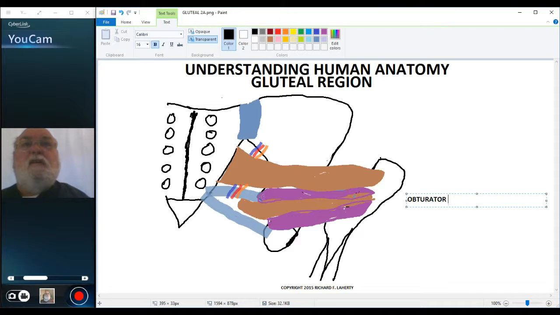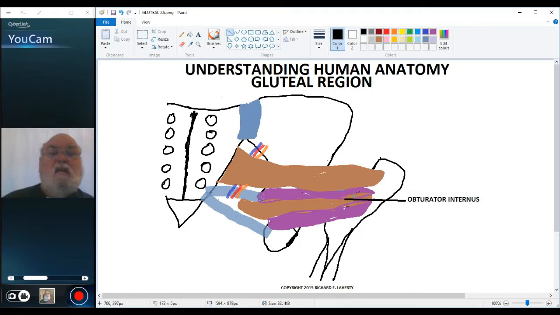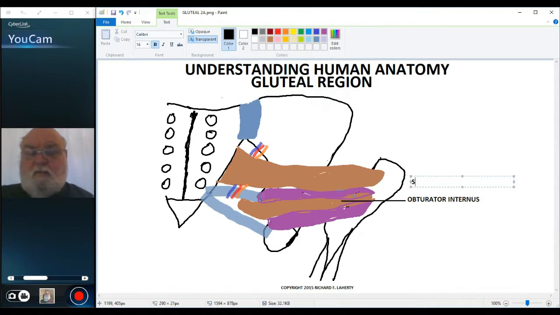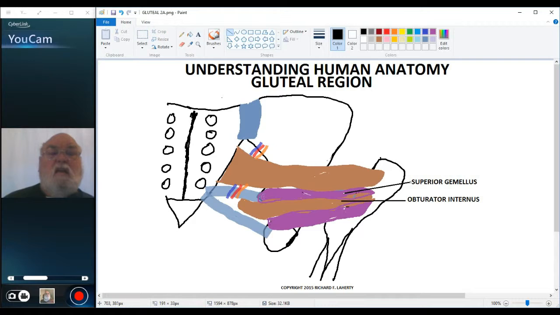The obturator internus, the superior gemellus, and the inferior gemellus.